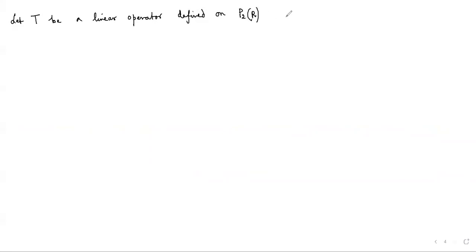P2R. What is P2R? The set of all polynomials of degree less than or equal to 2. Sorry, not R, it is 2.